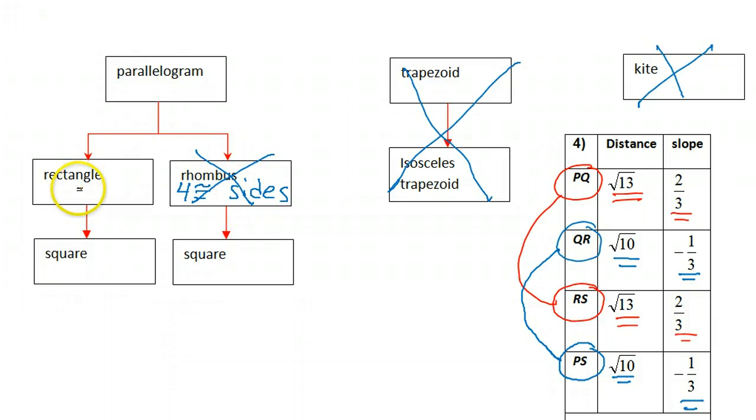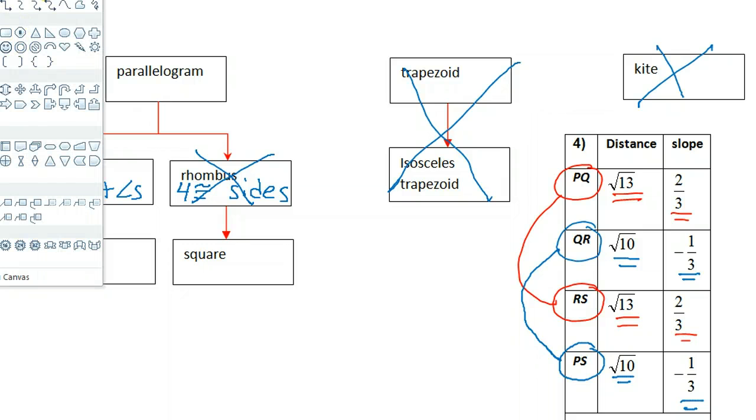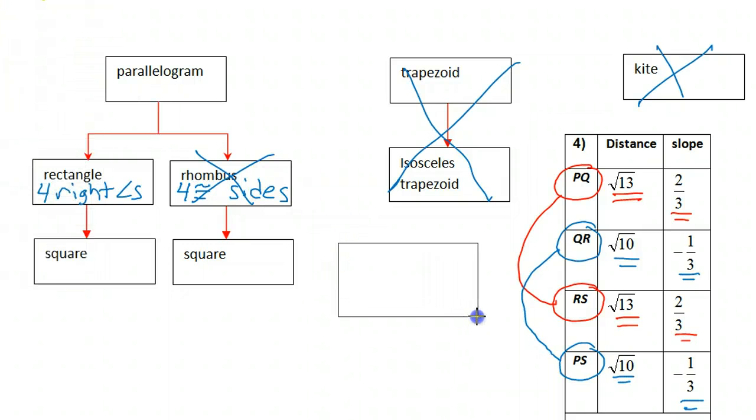Is it a rectangle? Is this parallelogram a rectangle? Well, remember, what's the definition of a rectangle? If it's a rectangle, it should have 4 right angles. Okay, we're talking about 90 degrees. So if something is a rectangle, it should have 90-degree angles everywhere.